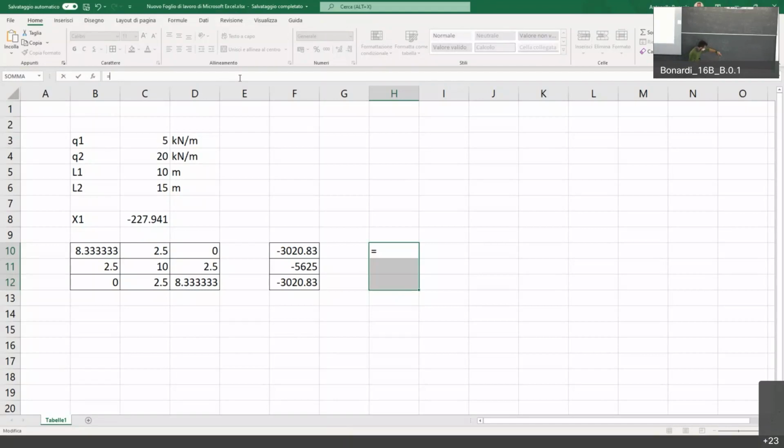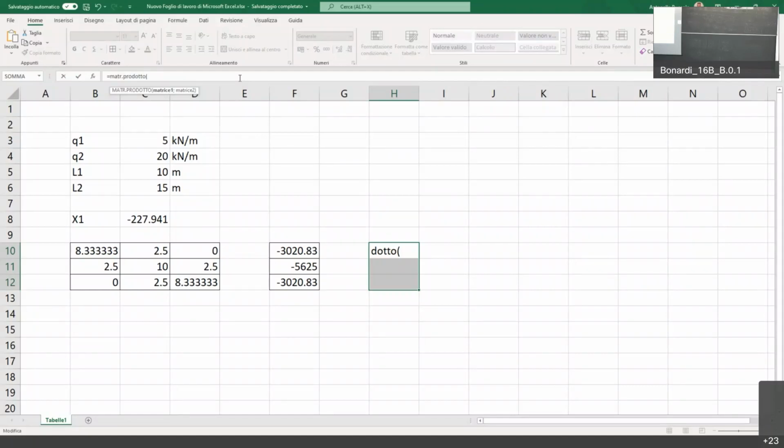So we have to multiply the inverse of this matrix times this matrix. The equation is MATR.PRODOTTO, but if you use a non-Italian version, the name of the function may vary, obviously.